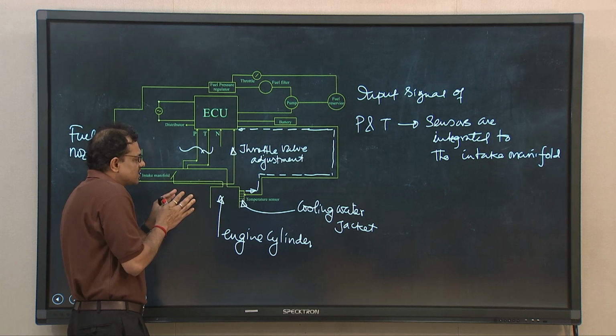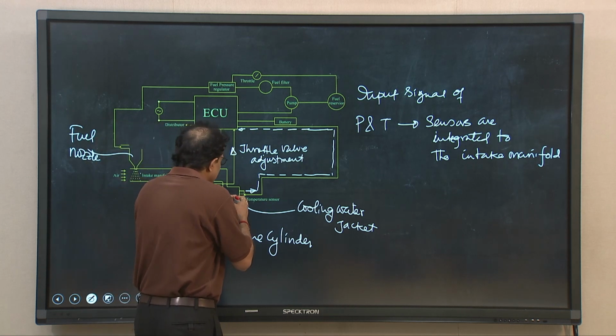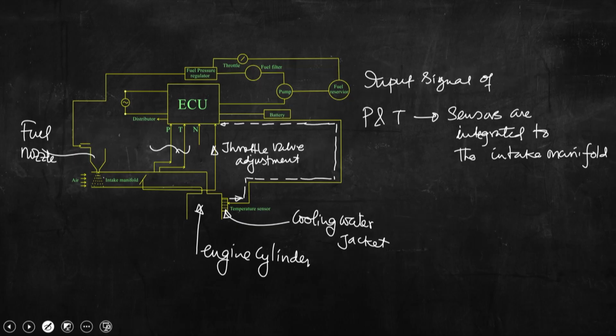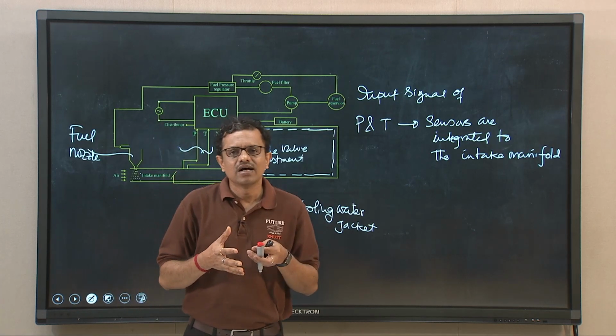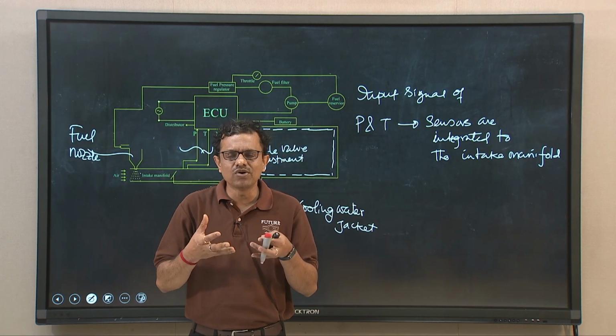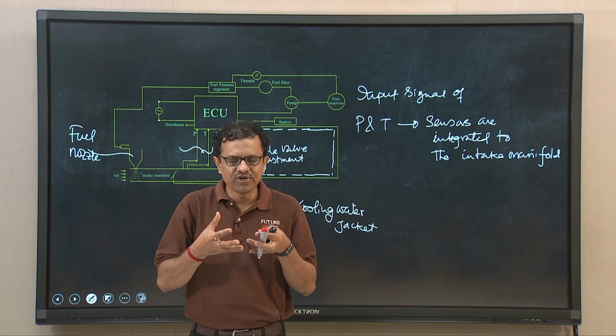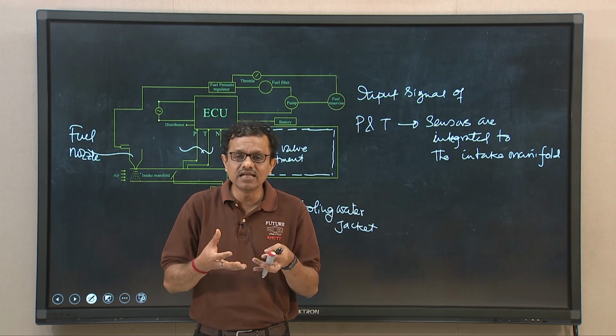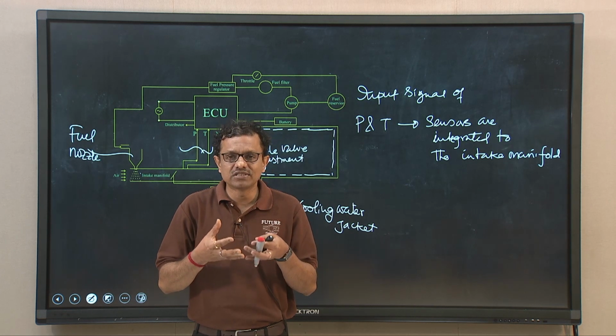It is not only the fuel injection system, as I said. The temperature sensor attached to this cooling water jacket receives a signal from the cooling water temperature. If the temperature is high, that means combustion is becoming more intense, or maybe the fuel-air ratio is lean, or the fuel-air ratio is rich.